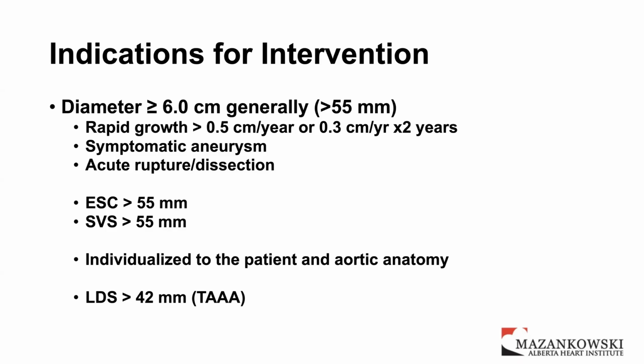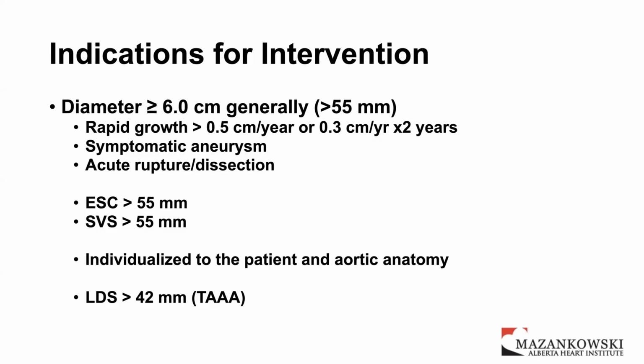That's similar to what we heard in the first talk: rapid growth, 5 millimeters in a year or 3 millimeters in 2 consecutive years. Symptomatic aneurysms that have not reached size indications but have unexplained pain that we cannot attribute to anything else, and patients that unfortunately are presenting with imminent or actual rupture or dissection.